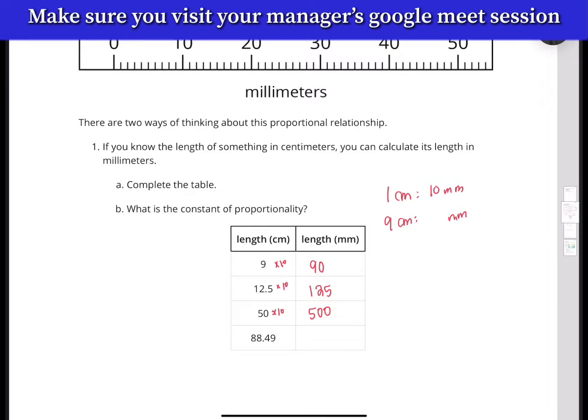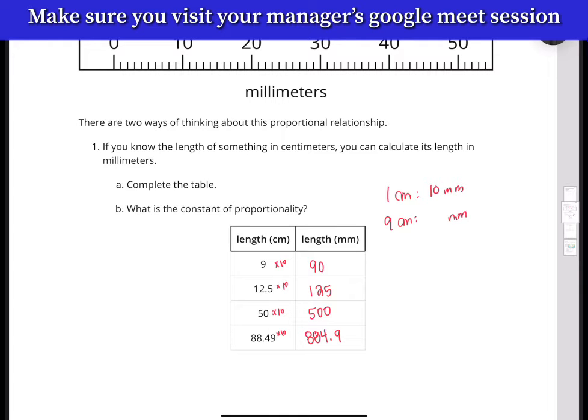So what would I multiply the last row by? 88 and 49 hundredths. Can you guess? If you guess multiply by 10, you are absolutely correct. So this would be 884 and 9/10.